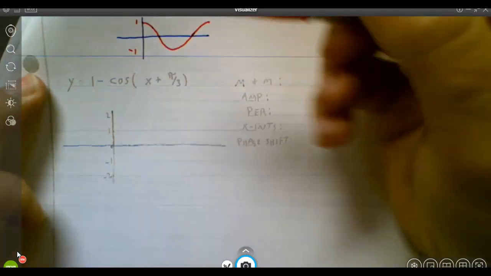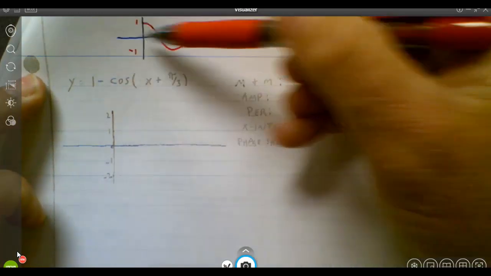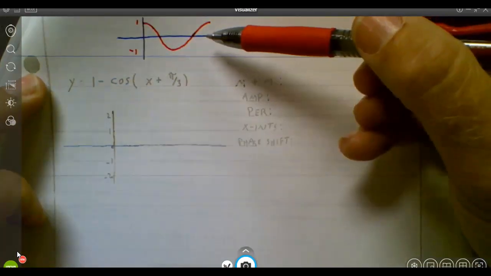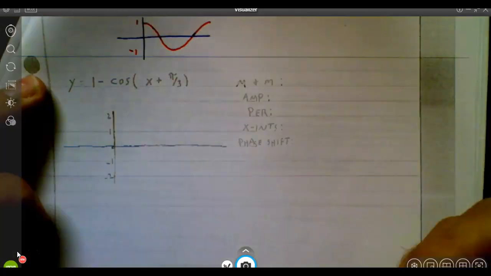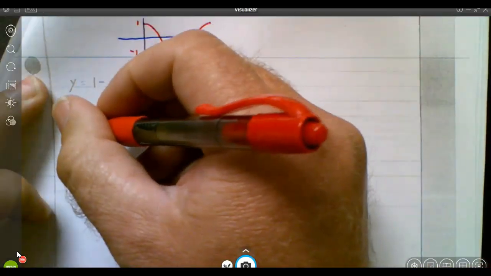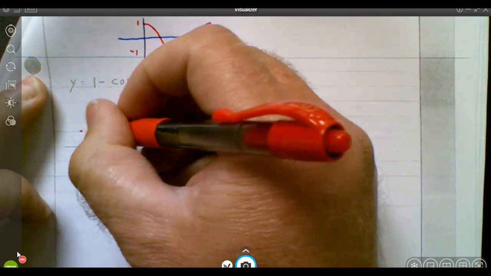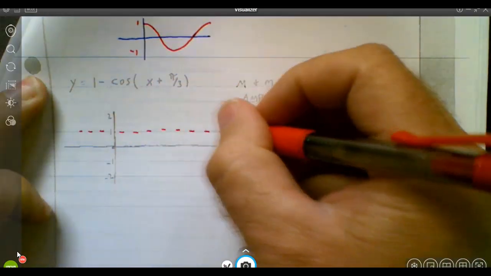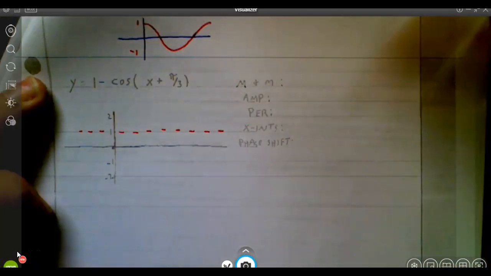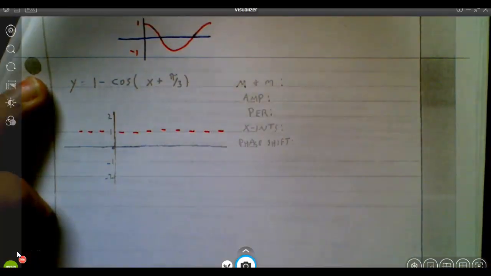So again, let's recognize on this one, the parent function was typically at 0, the x-axis. That's a positive 1 right there. So I know this whole thing is going to shift up 1. So my new midline will be right there. So that will be the center line of my graph.